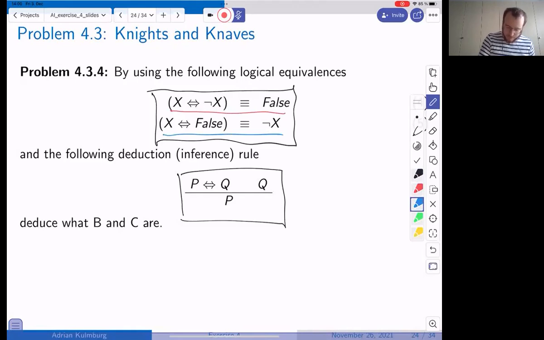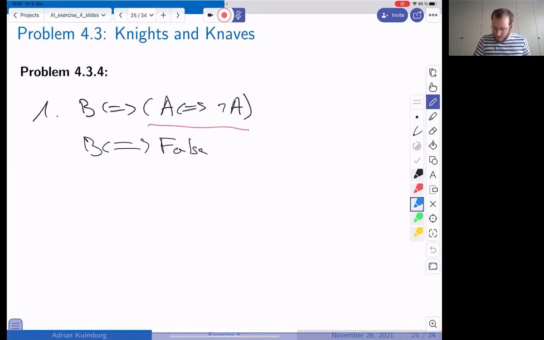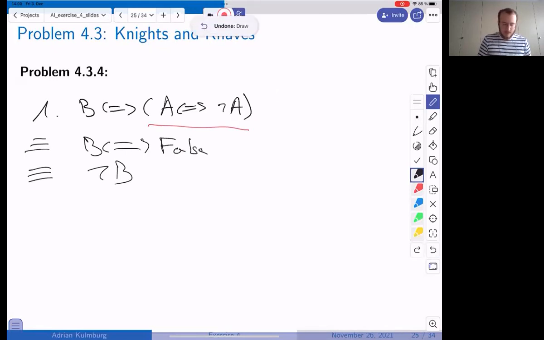Let me put it in blue to say that, so yeah, logical equivalence to say that this is equivalent to not B. And so we know that this sentence up here has been said. So this sentence is true, so to speak. And therefore we have determined that this is just the same as saying that not B has to be true. And see, if not B is true, well, it means that B has to be false, and therefore that B is a knave.